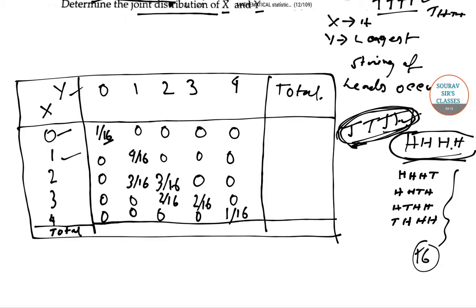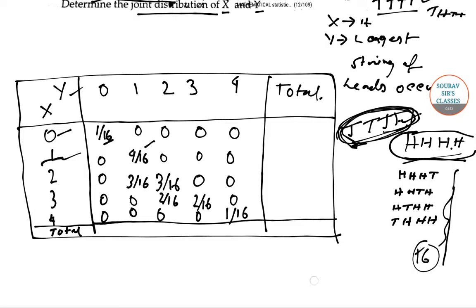Similarly, when you try to find one head, there will be 4 cases where only one head is found.